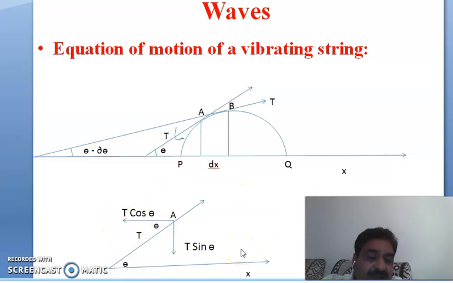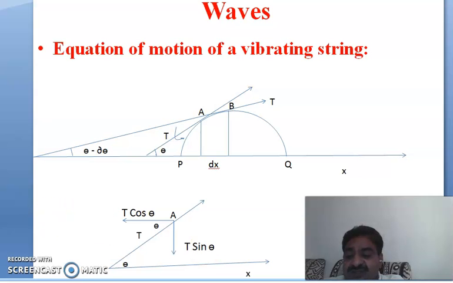Alternate angles are formed here, and these alternate angles are equal in magnitude. So we say the horizontal component of the downward tension T is T cos theta, and the vertical component of tension T is T sin theta.